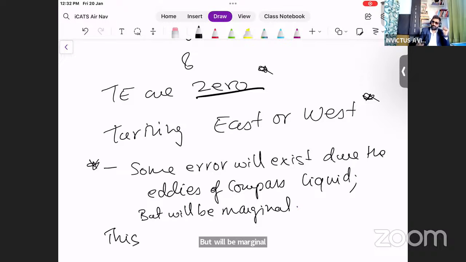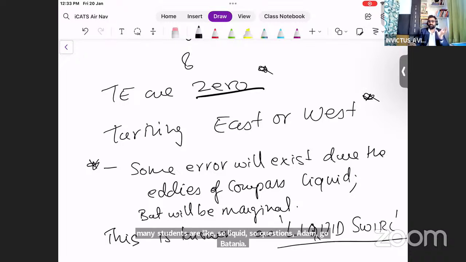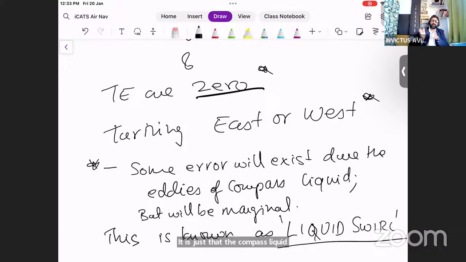This is known as liquid swirl. Many students are like, sir, what is liquid swirl? Questions are coming on liquid swirl, we don't know. It is just that the compass liquid will create some eddies which will keep deflecting the magnetic compass north-seeking ability from its orientation.